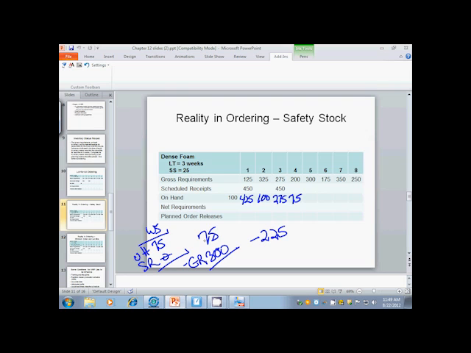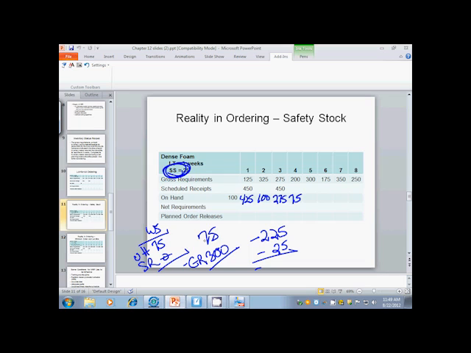Now, what did we say a negative was when we did the lot for lot ordering before? We said that that negative was that we have a need. We're short the number of units we need to produce what we need to produce. We're short 225 units, but we need to take into consideration our safety stock of another 25 units that have to be left on hand.